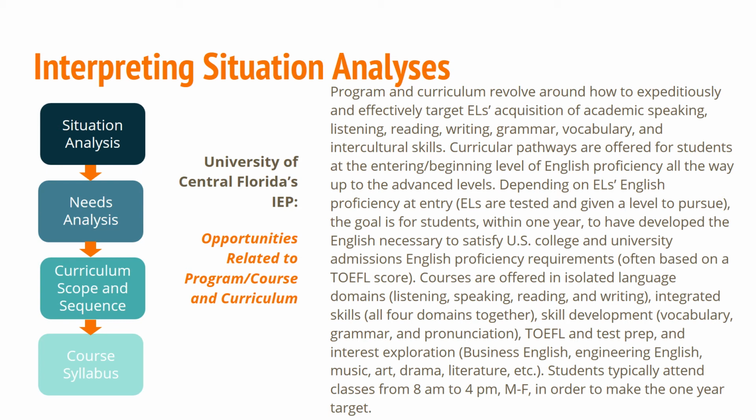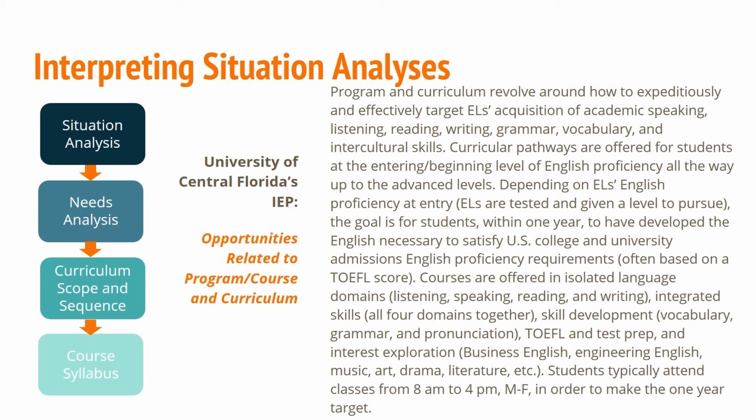Depending on English learners' English proficiency at the time of entry, they are tested and given a level to pursue. The goal is for students, within 1 year, to have developed the English necessary to satisfy U.S. college and university admissions English proficiency requirements. These are often based on a TOEFL score.